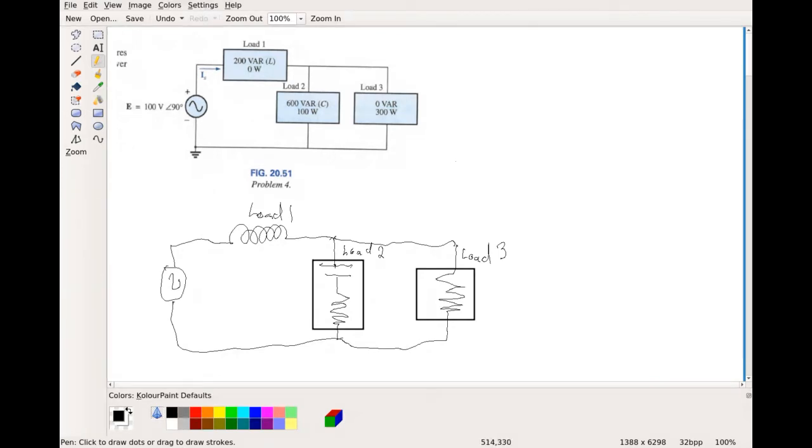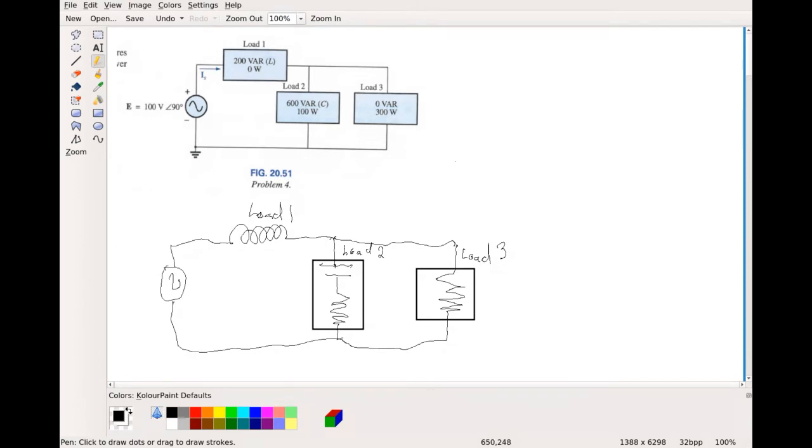This is page 901, I think, in the book, Figure 20.51. What they're doing is telling us how much apparent power is in each load.